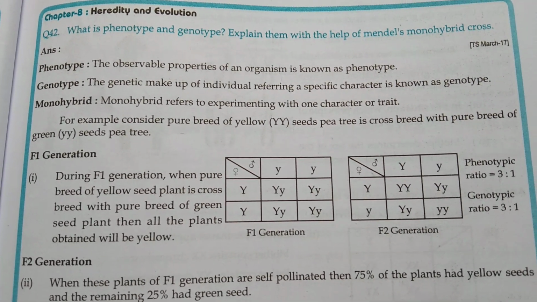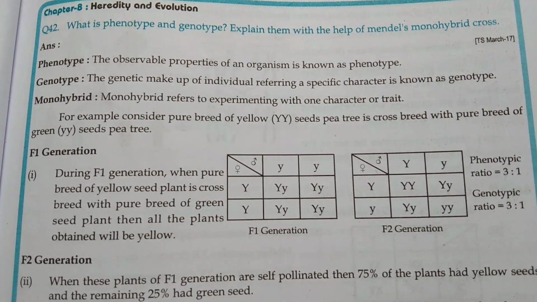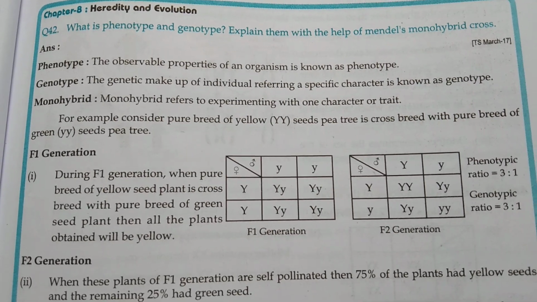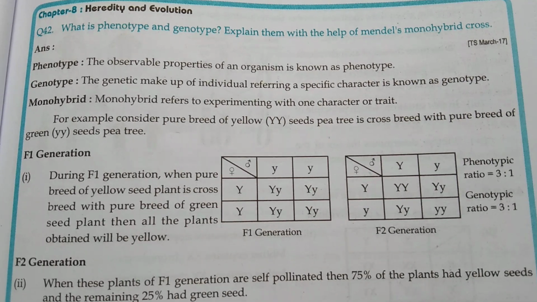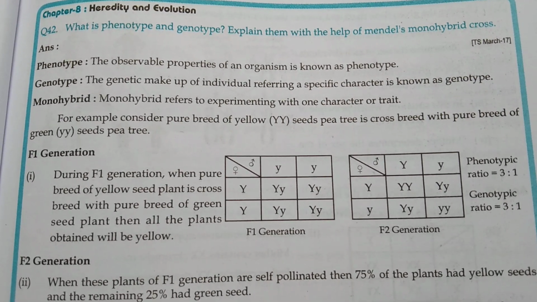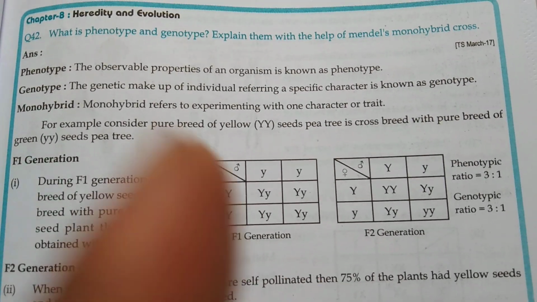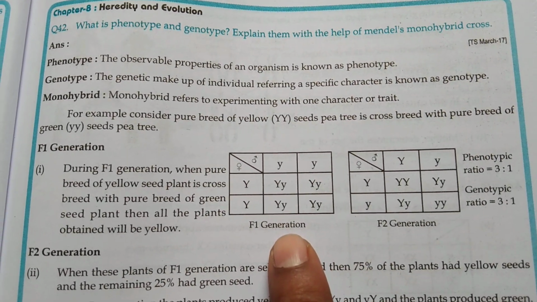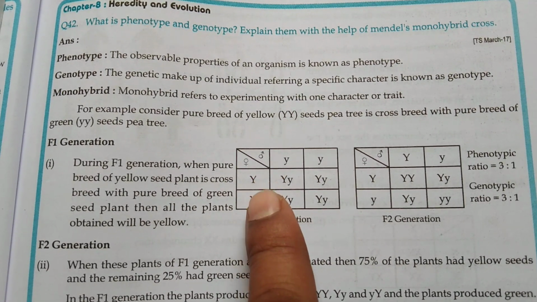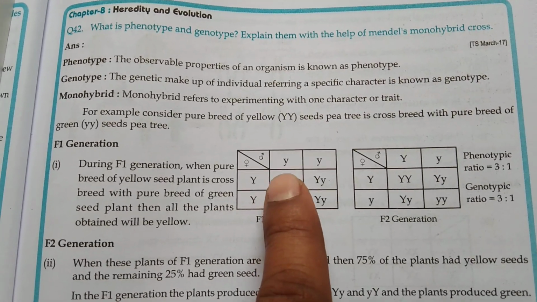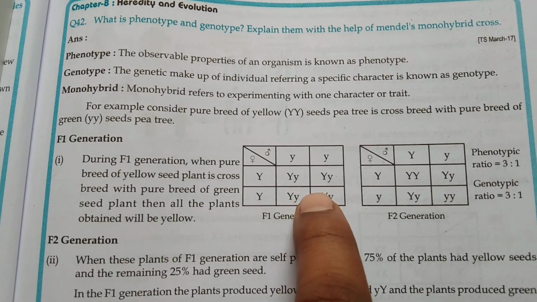Monohybrid refers to experimenting with one character or trait. For example, consider a pure breed of yellow (Y) seeds pea plant crossbred with a pure breed of green seeds pea plant. In the F1 generation, when pure breeds of the yellow seed plant are crossbred with pure breeds of the green seed plant, then all the plants obtained will be yellow only.